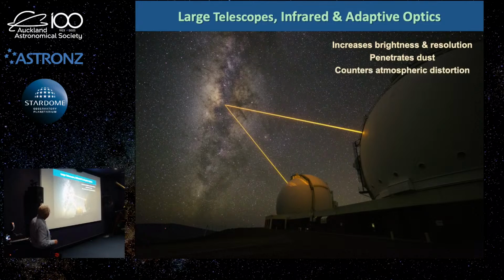The third one is adaptive optics. And that's what this refers to here. As you know, high in the atmosphere there's always a lot of turbulence going on up there, and that distorts your light. So the technology here is they get lasers, they shine them up and they excite sodium atoms high in the atmosphere. They're then able to observe and record the disturbance that's occurring in those sodium atoms.